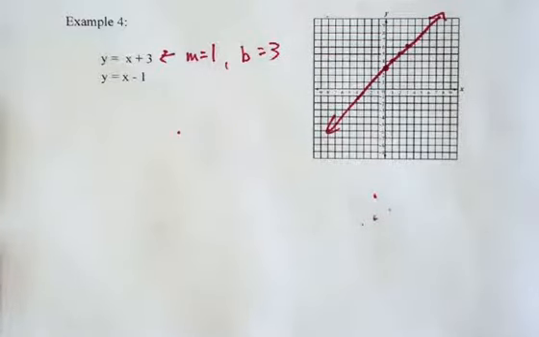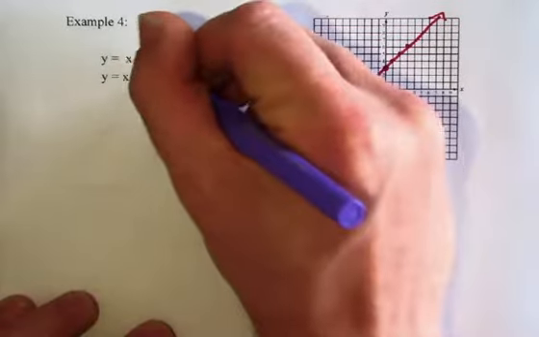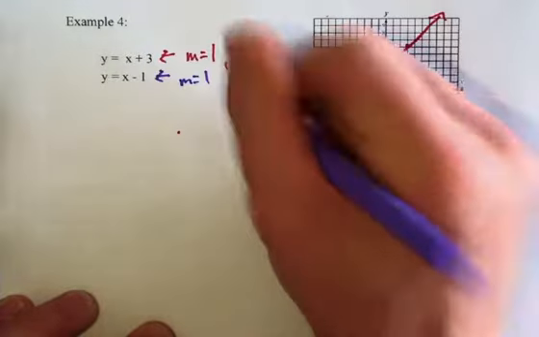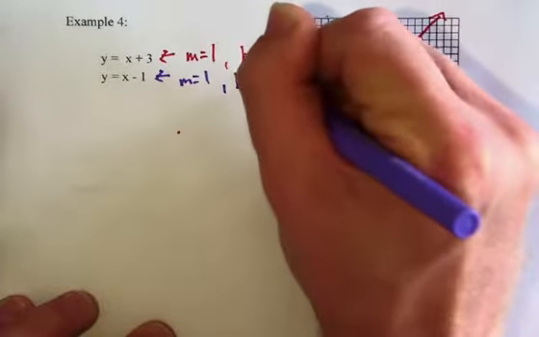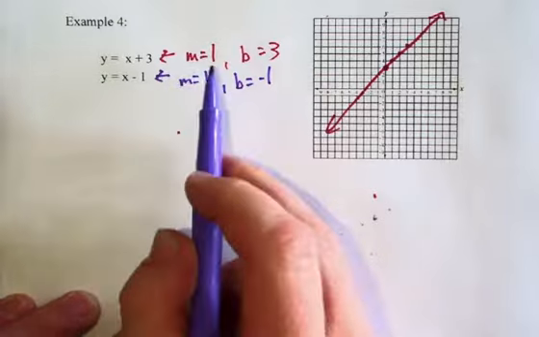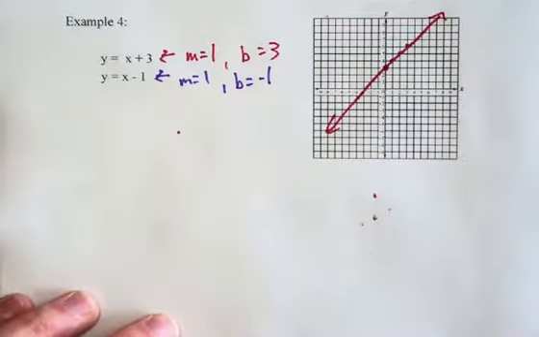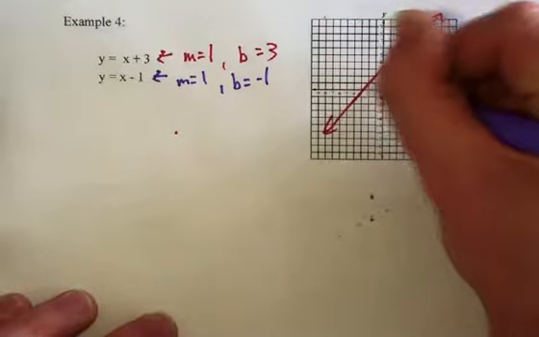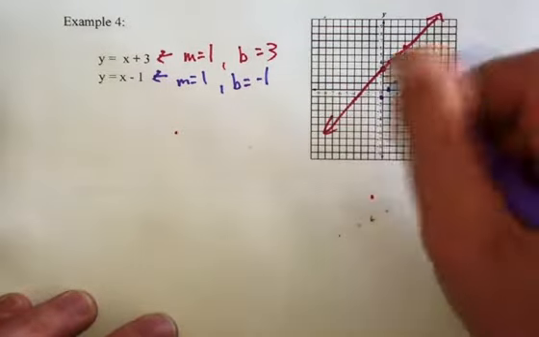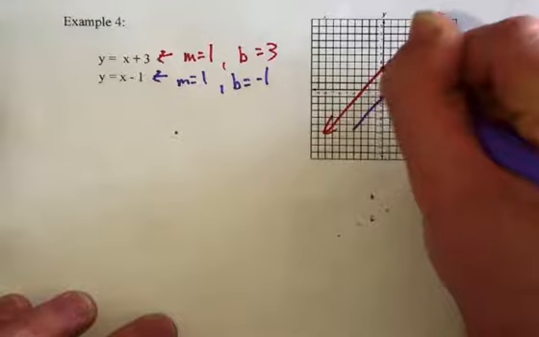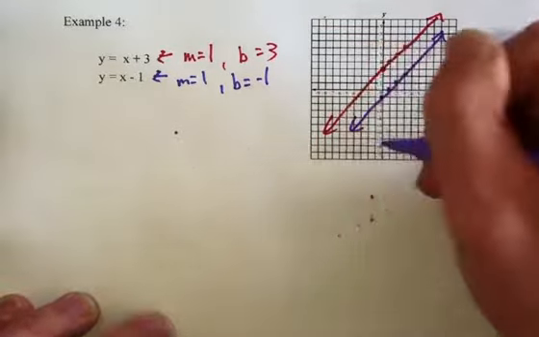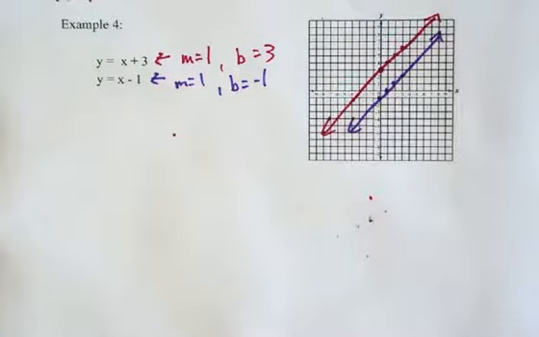Okay, then we got y equals x minus 1. Well, here we've got the same slope. M equals 1. B equals negative 1. Now, we know something about lines that have the same slope. What are they? They're parallel. Okay, so here b is negative 1. So this is going to give us another parallel line. Uh-oh. So what happens here?